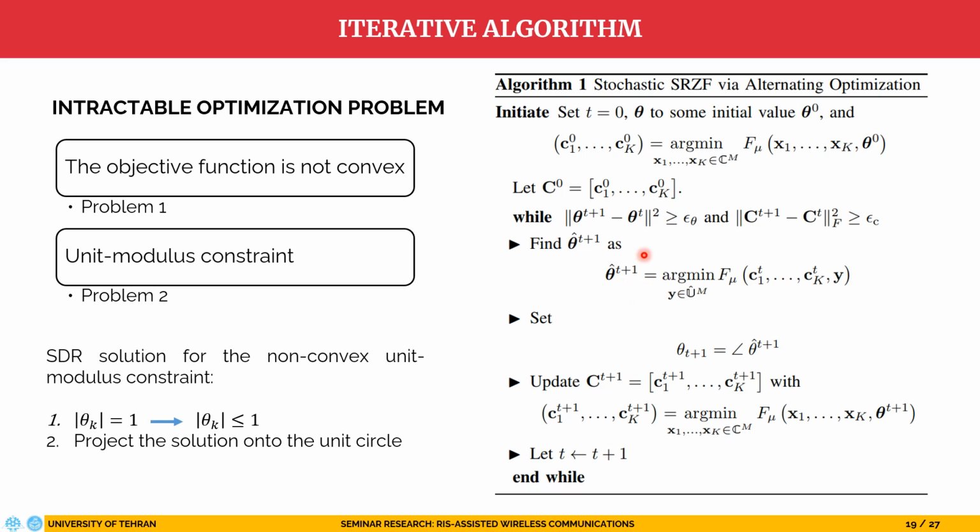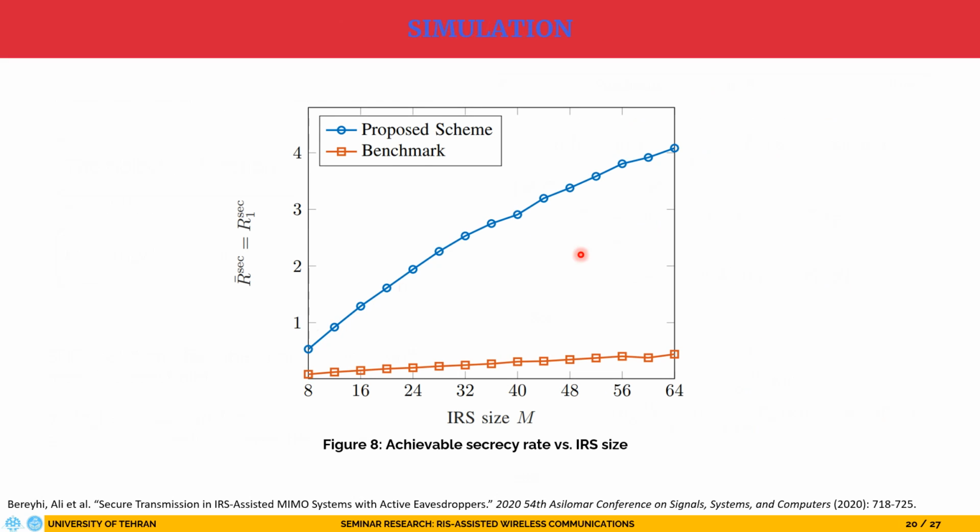These are fixed, and we just optimize the phase shift. After the answer is obtained, in the next iteration we assume theta is fixed, and we optimize C, the precoding vectors, till convergence happens, okay? The results would be like this.